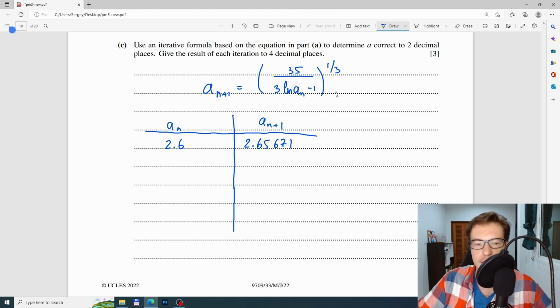If I do that, I will get 2.65671. And in the next iteration, it becomes the value of a_n. Now I'll have to substitute it again. So I will get 2.62668. I will have to continue until I get the same value correct to 2 decimal places.